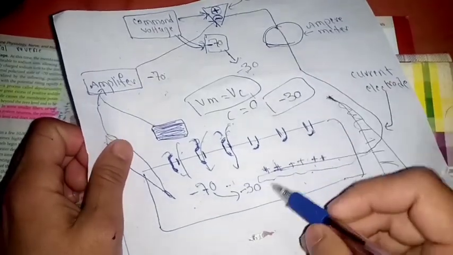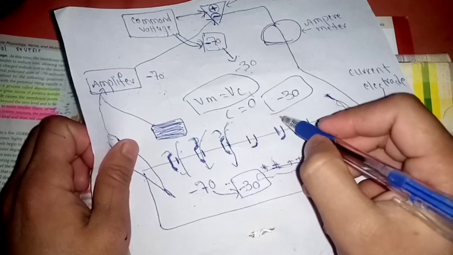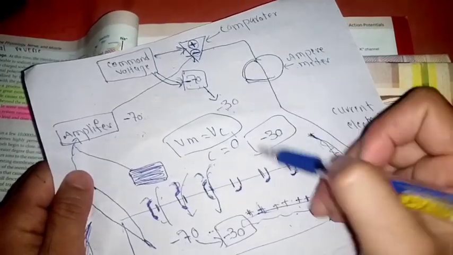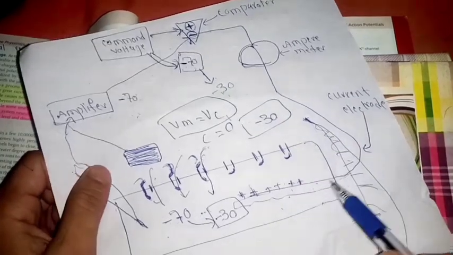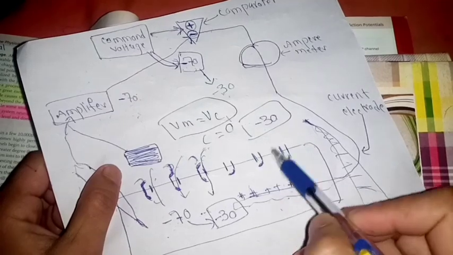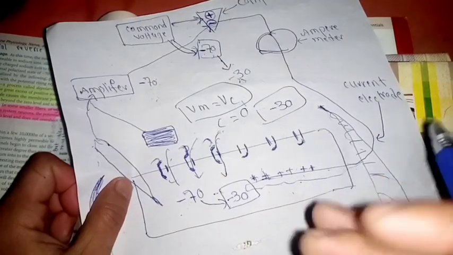So when the voltage inside the axon and outside the axon is equalized, again the ampere meter will show no current, and in this way we can change the current through the current electrode, and we can study the behavior of different types of channels. This was the principle of the voltage clamp method.